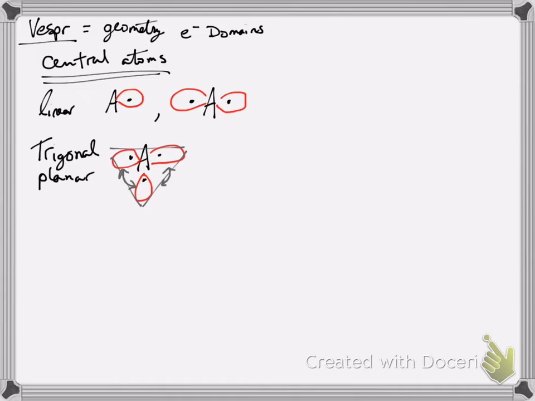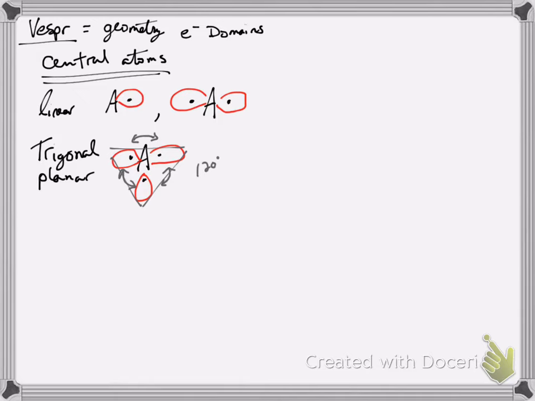Opposites attract, and similar charges repel each other every time. So that's nothing new. And so each of these repel each other the same amount, creating the same angle between, and the angle is 120 degrees between each of the electron domains. Cool, so that's 3 valence electrons.